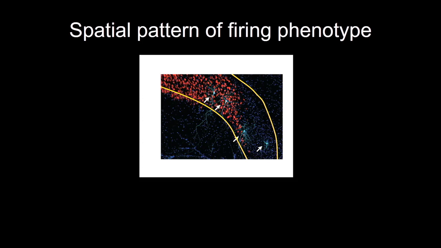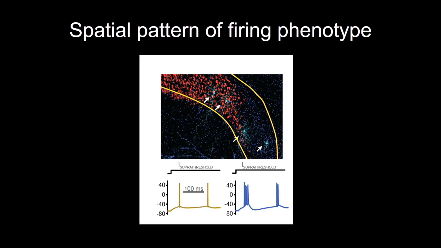We can record their action potential outputs and then figure out how that action potential output changes as a function of where they sit in the proximal distal axis. As has been shown before, some of these cells were regular spiking cells, some of these were bursting. However, in recording 40 to 50 cells, we found that there was a striking spatial profile associated with these action potentials. For all cells that were proximal up until about a narrow transition region, all cells were 100% regular spiking.